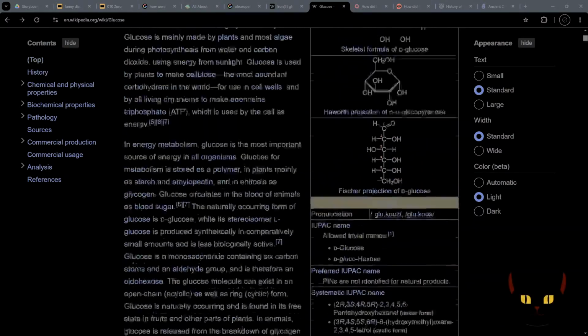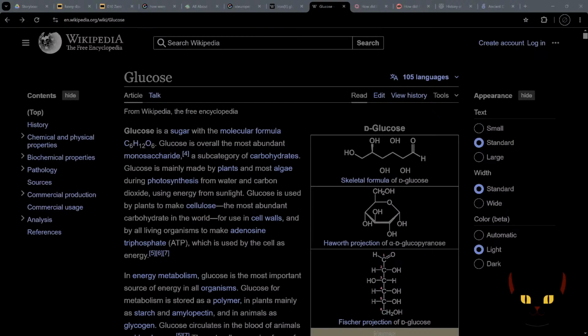But this is behind a lot of the theory of why fructose is bad for you, because glucose is what your body uses for fuel, right? Sucrose has one glucose and one fructose. So that's plant sugar. Most plant sugar is sucrose. But then when we refine it, we often refine it so that it has more fructose than glucose.